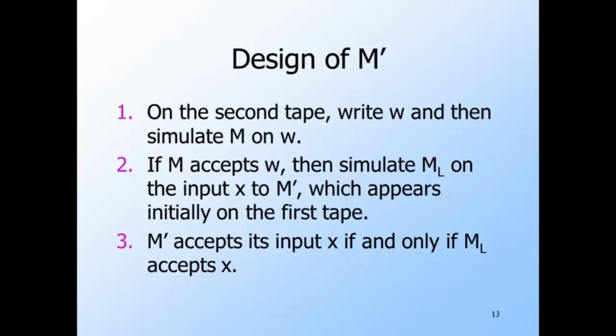If M sub L never accepts X, neither does M prime. Thus, if M prime ever gets to the stage where it simulates M sub L, then M prime accepts the same language as M sub L does, that is L. But if M does not accept W, then M prime never gets to the stages where it simulates M sub L, and therefore M prime accepts nothing.